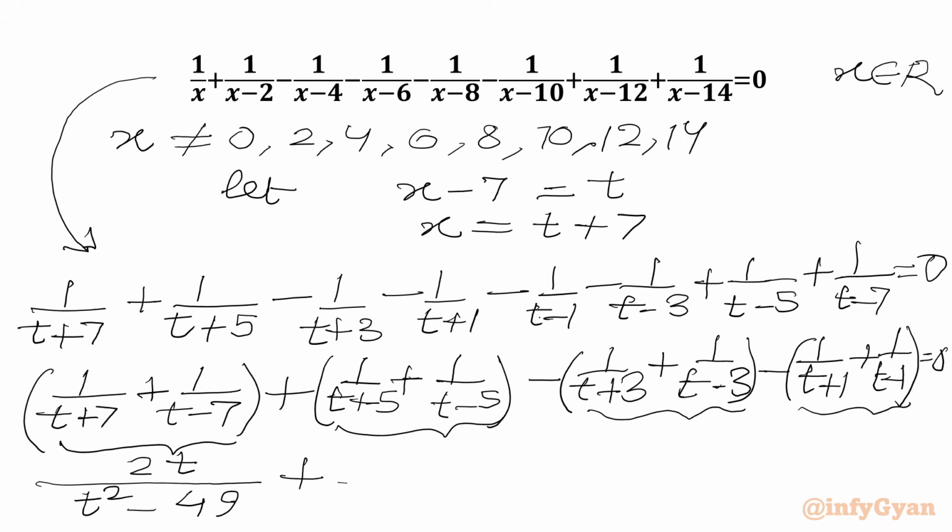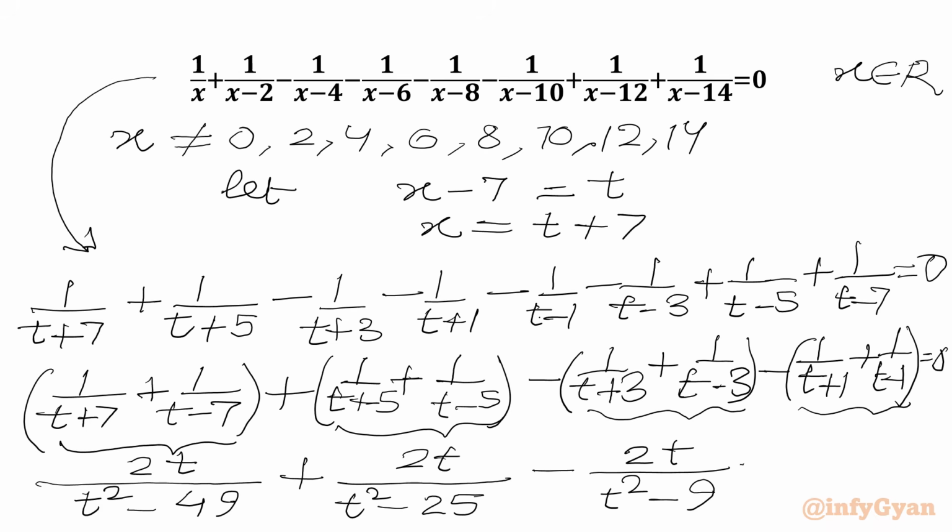Similarly here we will write the denominator t square minus 25 using the difference of two squares formula, and in the numerator we have 2t once again. Then we'll write minus of 2t over t square minus 9. Then minus of 2t over t square minus 1 equal to 0.